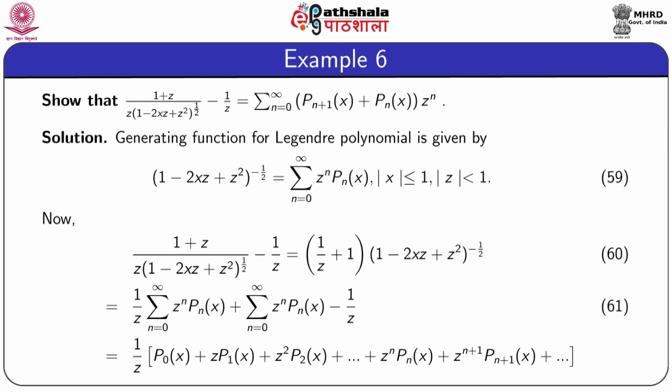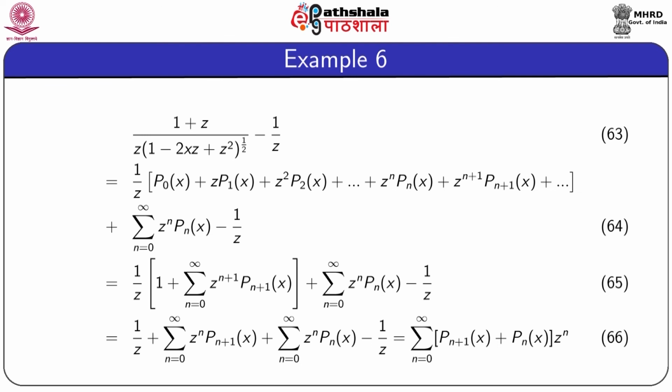We now put P_0 equal to 1 in equation 65, and what we get is equation number 67 as 1/z into (1 + summation z^(n+1) P_{n+1}(x)) plus summation n equal to 0 to infinity z^n P_n(x) minus 1/z. If you open the bracket, you will see that you get an expression 69 with 1/z and minus 1/z, which cancels out and gives you equation number 70, which is our desired result.